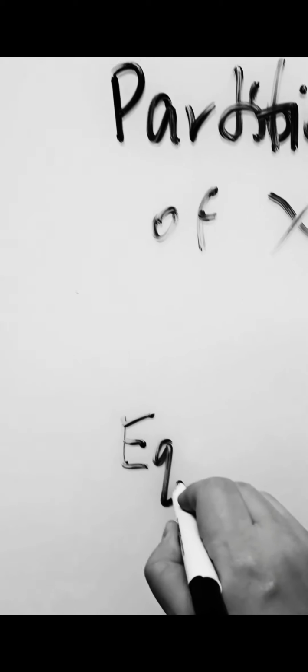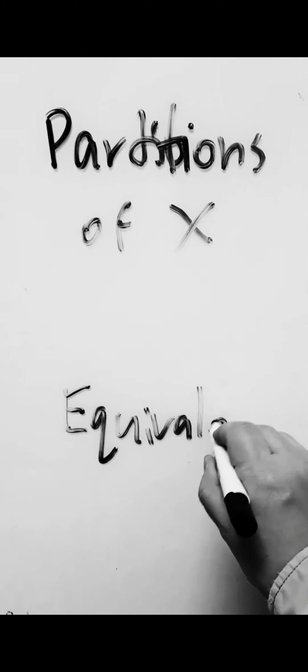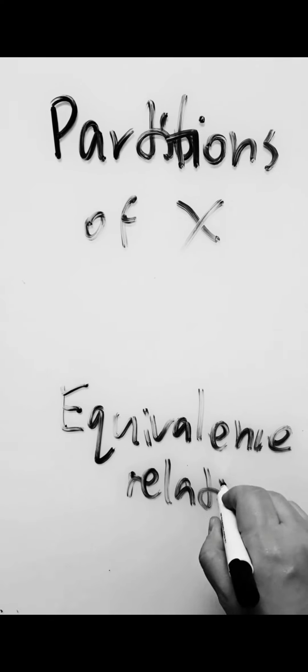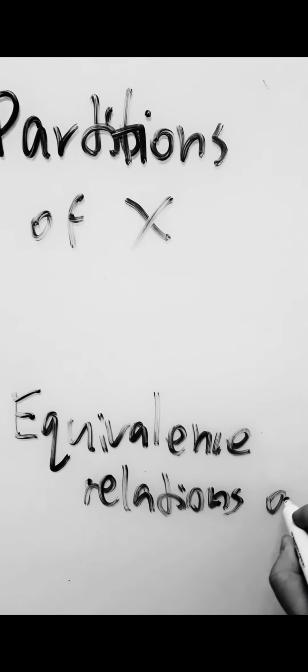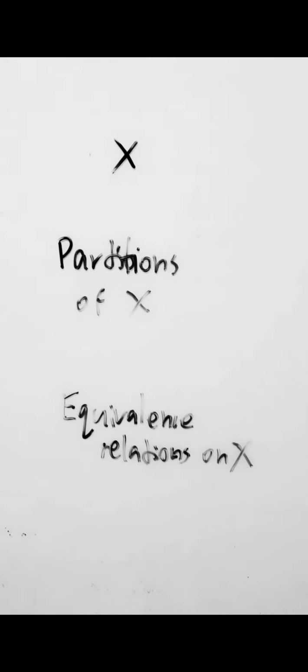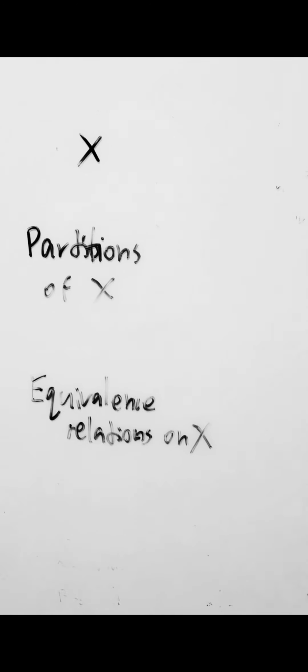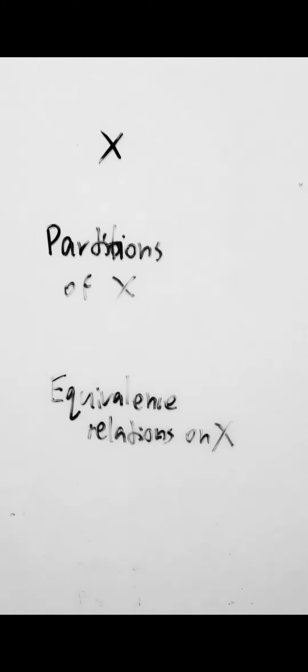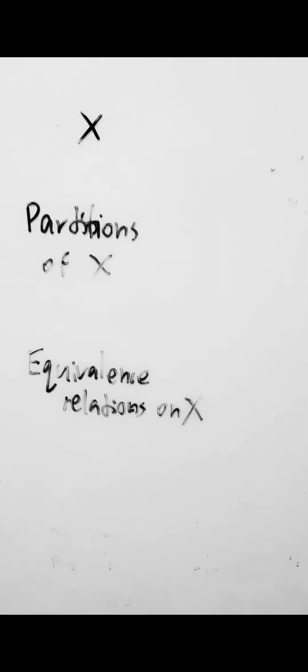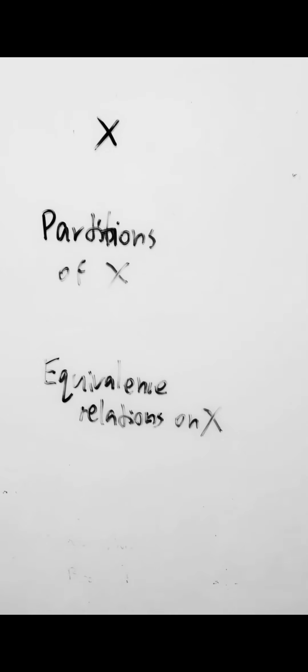Thus, for any set X, we can consider all possible partitions of X and all possible equivalence relations on X. These two collections of structure, partitions and equivalence relations, are so closely related to each other that we can get one from the other by the processes described earlier in such a way that these processes are actually inverse processes to each other.